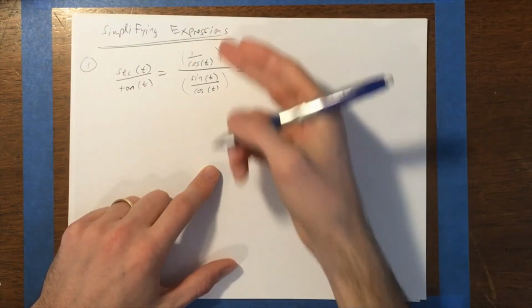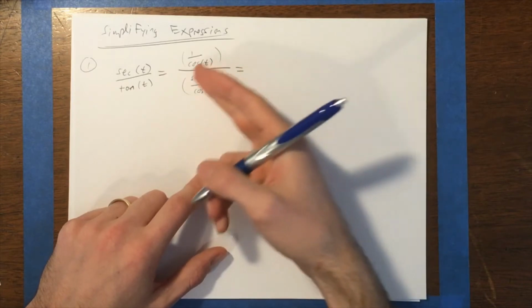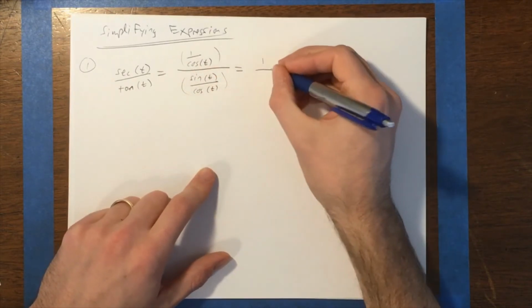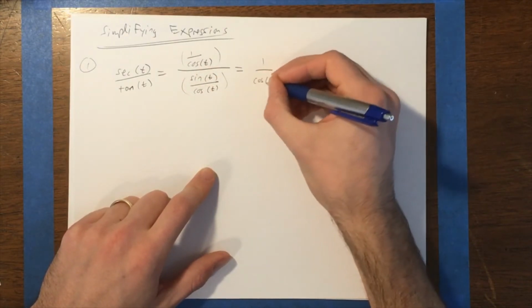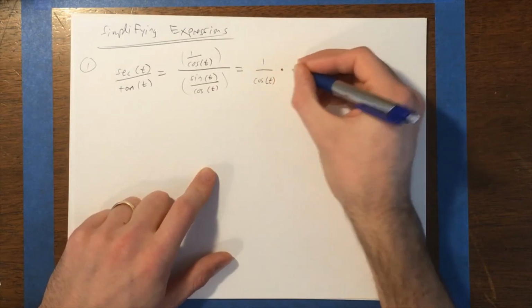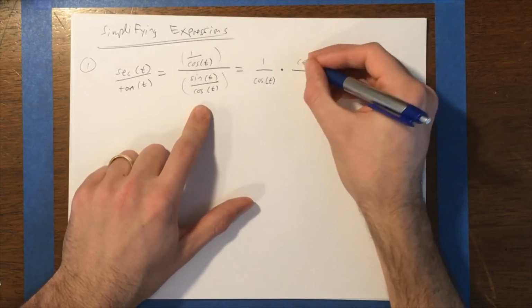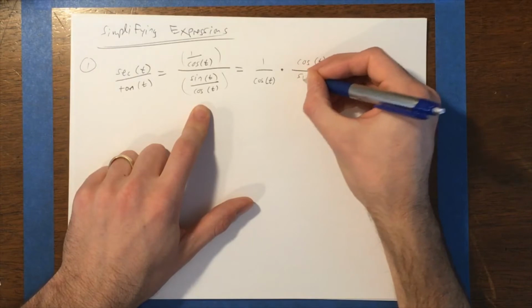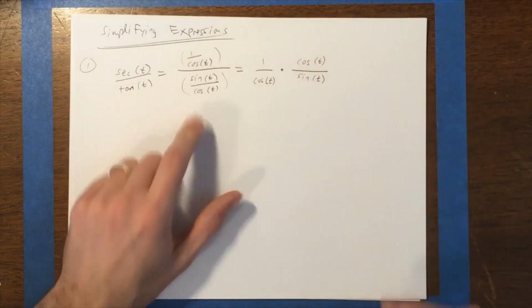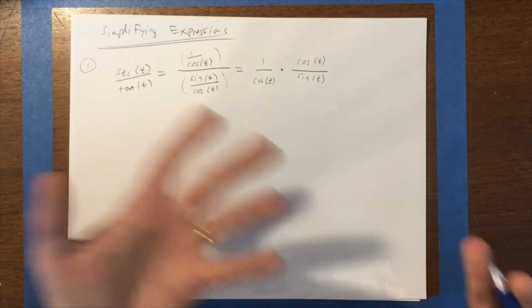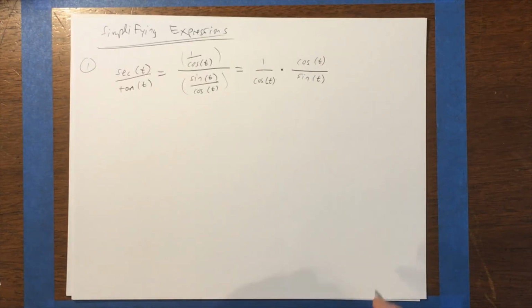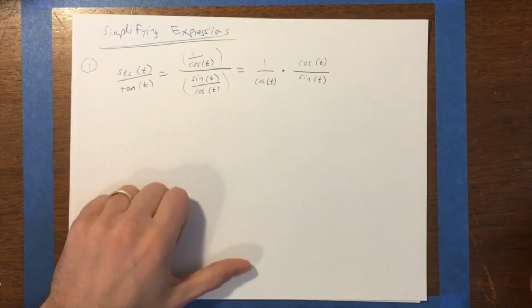So this is a compound fraction. Instead of writing divided by this fraction, I'm going to take my numerator, 1 over cosine of t, and write times the reciprocal of this fraction, cosine of t over sine of t. Like that. Okay? So dividing by a fraction is always the same as multiplying by its reciprocal, so that's nothing new.